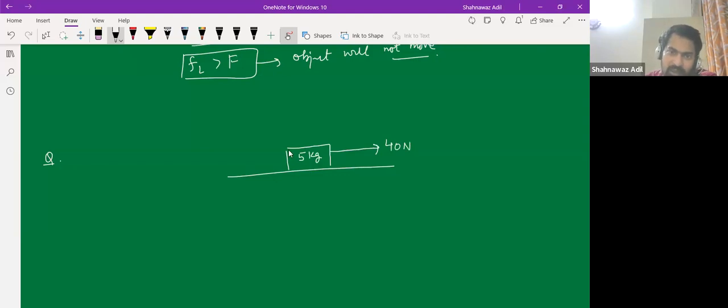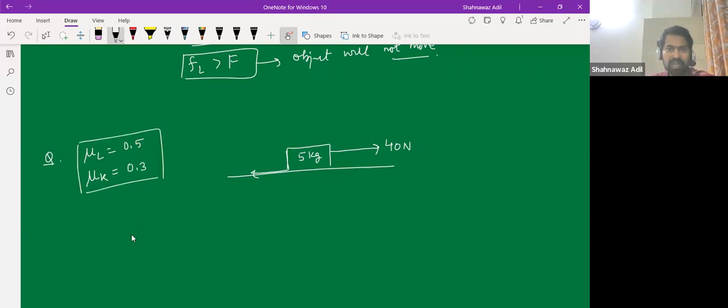The coefficient of limiting friction is given as 0.5 and the coefficient of kinetic friction is given as 0.3. First, you have to calculate FL.